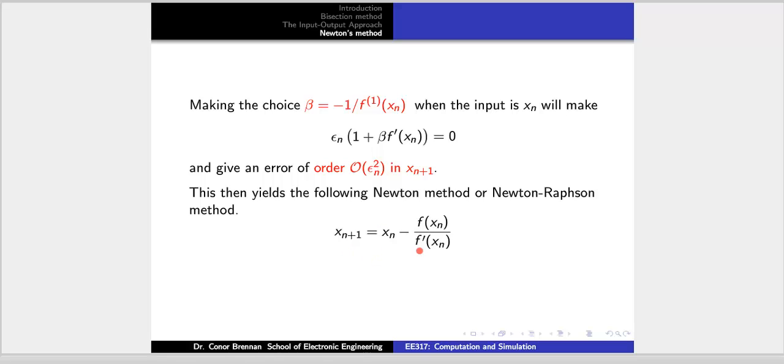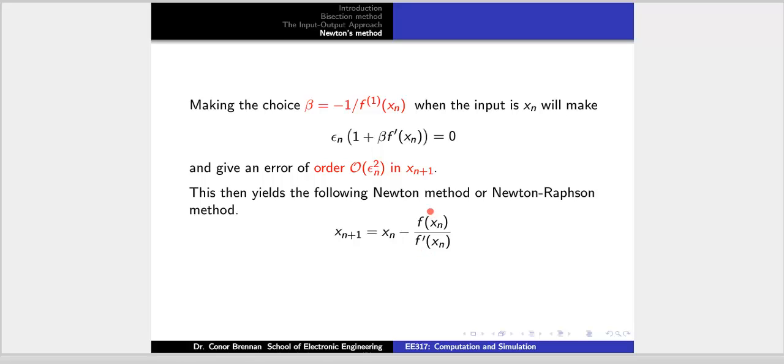So this yields the following Newton method or Newton-Raphson method. So we said on Friday that we had 100 slides and you guys just had to stay awake for one slide. Similarly here, this is the one slide you need to stay awake for. This is the one thing you need in order to do your assignment. Well, you need more than this, but this is the guts of your assignment. The Newton-Raphson method is really simple.